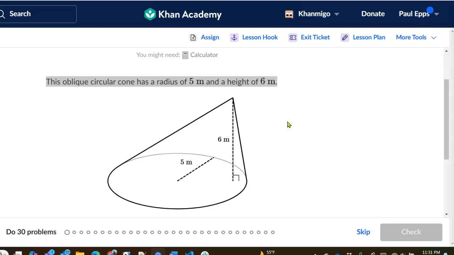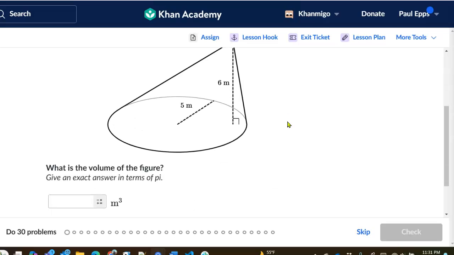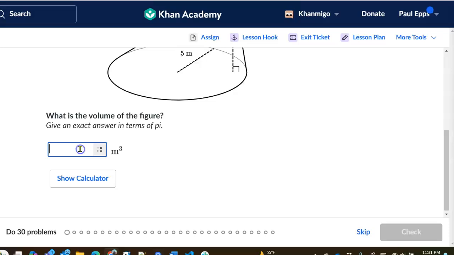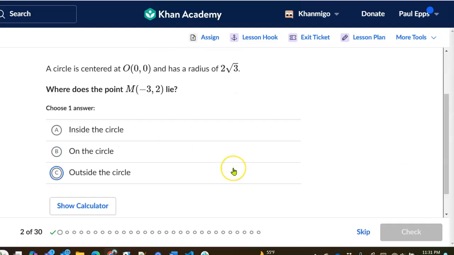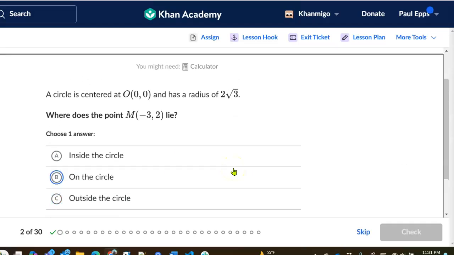R squared is 25, times the height is 150, times a third is 50 pi. Okay.